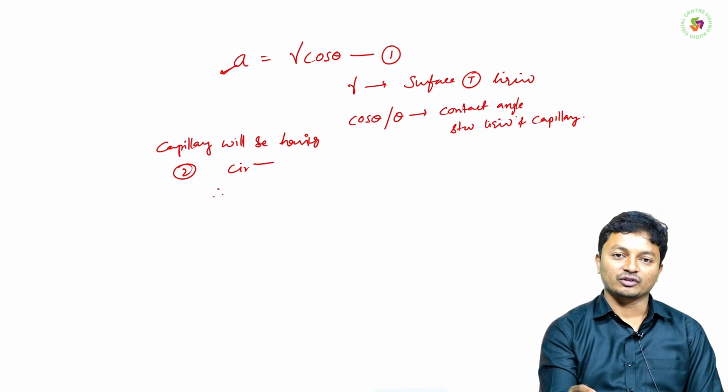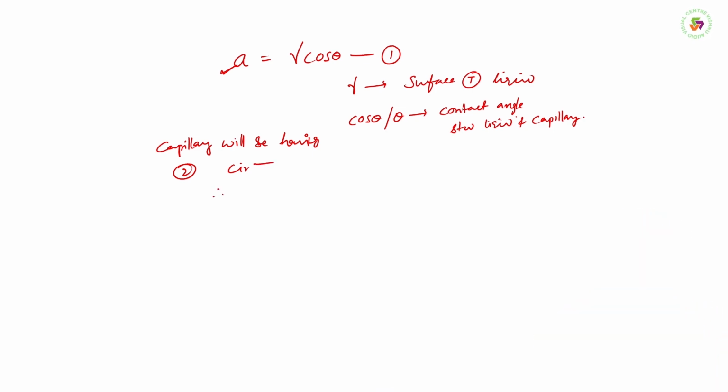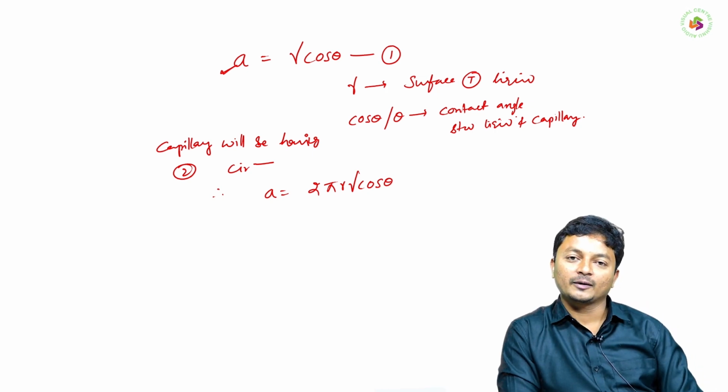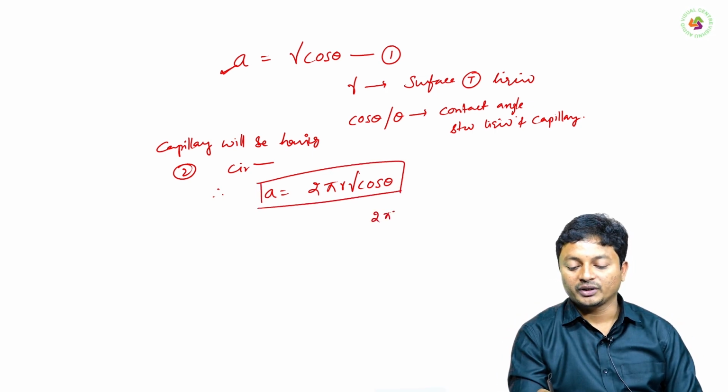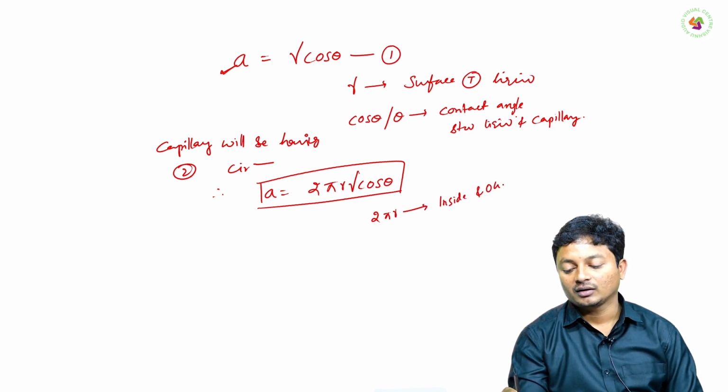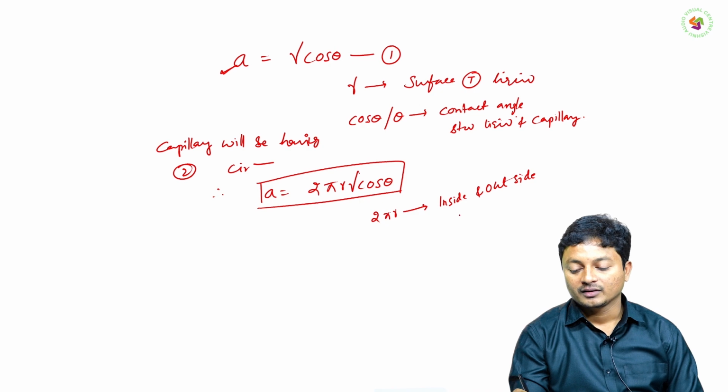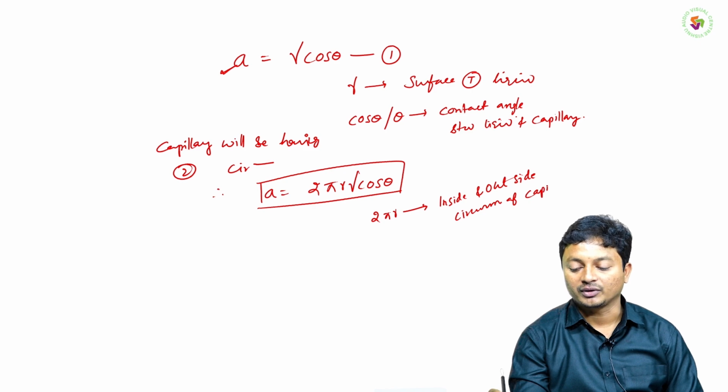Hence, equation 1 can be written as 2 pi r gamma cos theta. Here 2 pi r is the inside and outside circumference of the capillary tube.